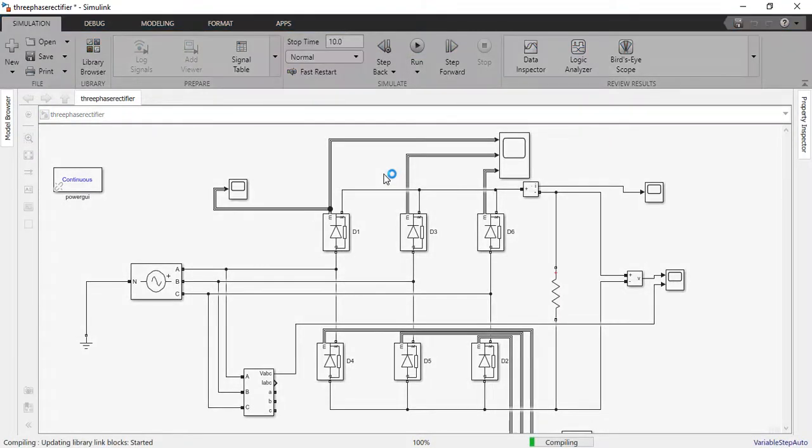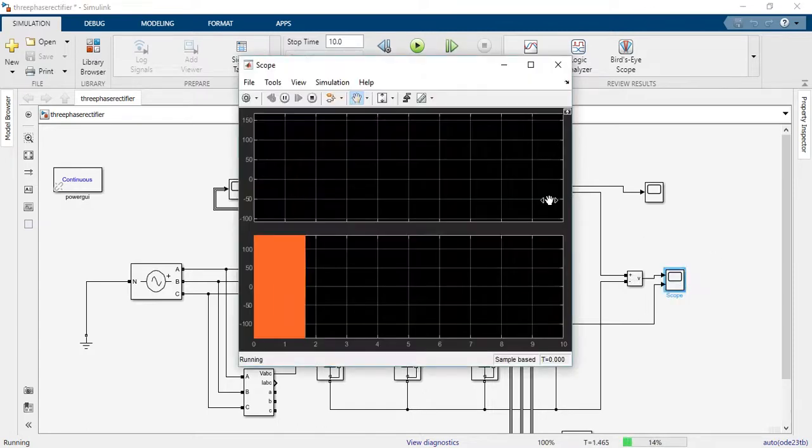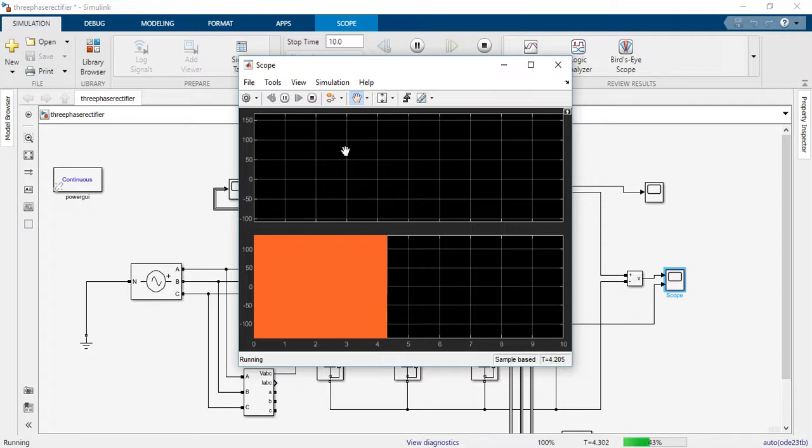Let's see. So now you will see the inputs, three-phase inputs, and here we have the output. The simulation is running now.